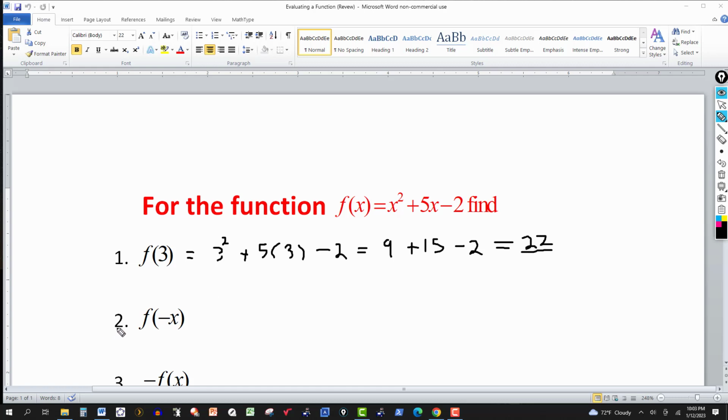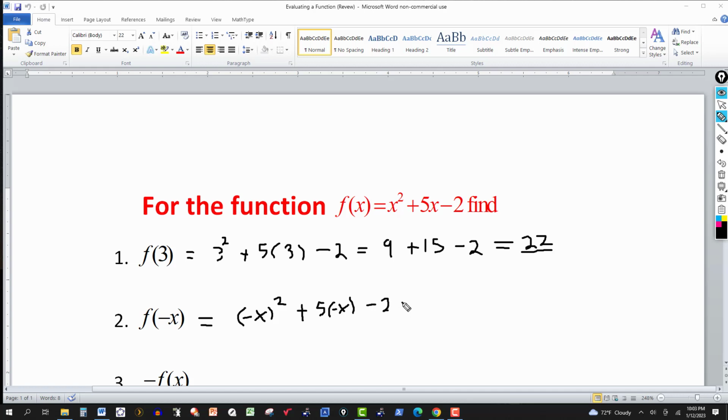The next one, f of minus x. Similar thing, except in this case we're plugging in a variable. So where the x is, we put in a minus x. So it would be minus x quantity squared plus 5 times x, so that will be replaced by minus x, and then it's minus 2.